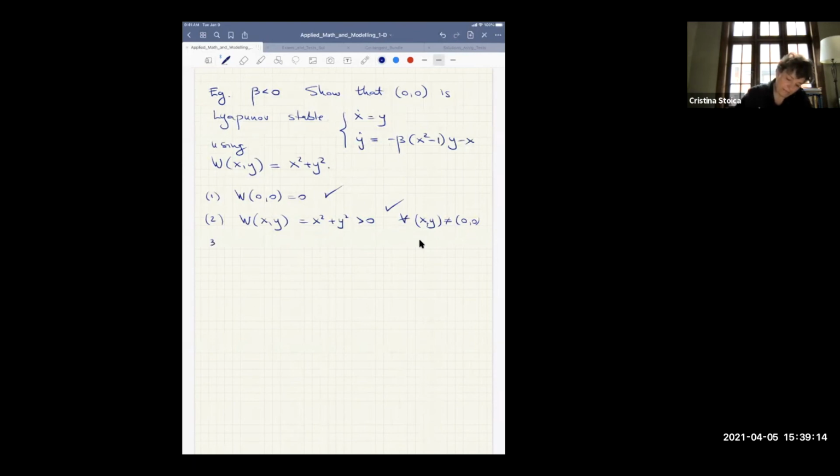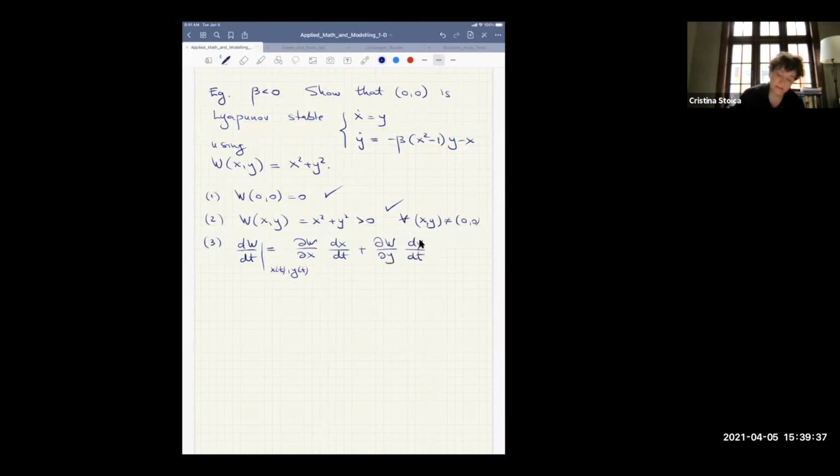And 3. Let's do W dot, dW/dt, along a solution. So I should put x of t, y of t, just for you guys. So this is dW/dx times dx/dt, plus dW/dy times dy/dt. Let's see what we get.